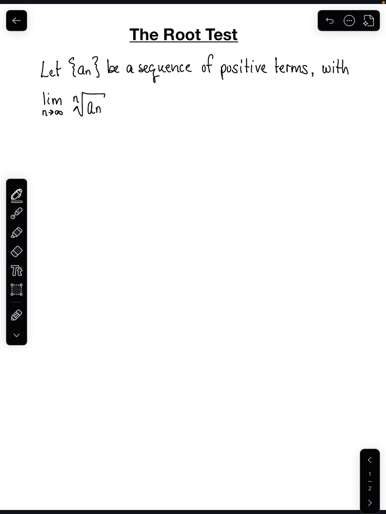This applies very well to series that have an exponential component to them, because the nth root will cancel out the nth power. It has the same conclusions as the ratio test in that if L is less than 1, the series converges.